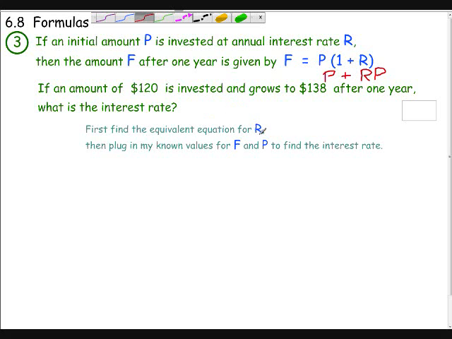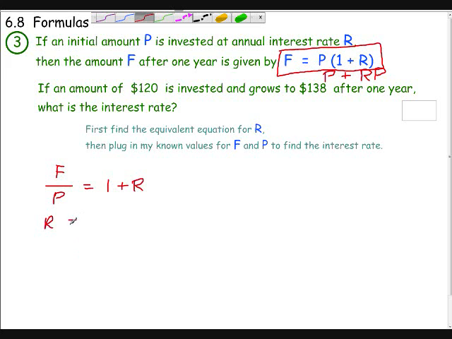First, find the equivalent equation for R. Okay, I'm going to use this. So my final amount, I think I better divide everything through by P, right? Then will equal 1 plus R. R is the thing I'm trying to solve for.